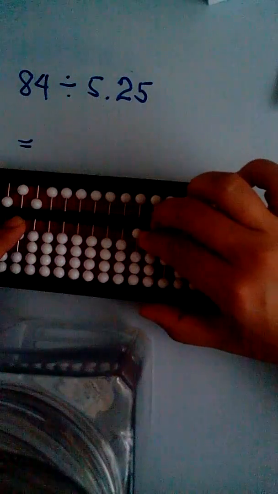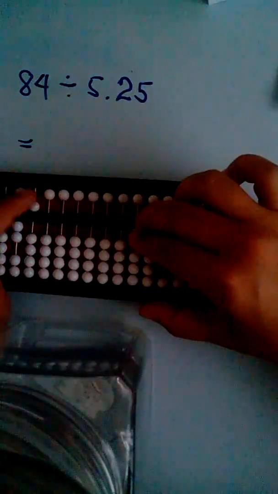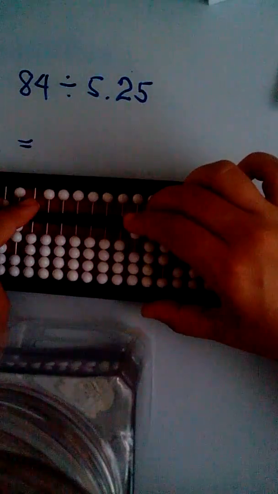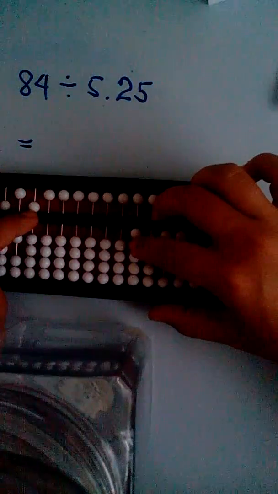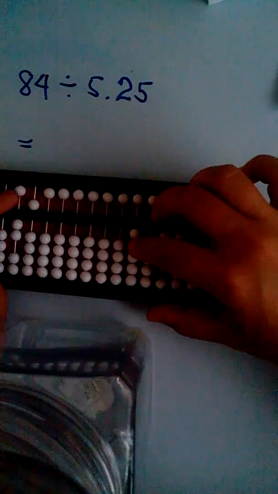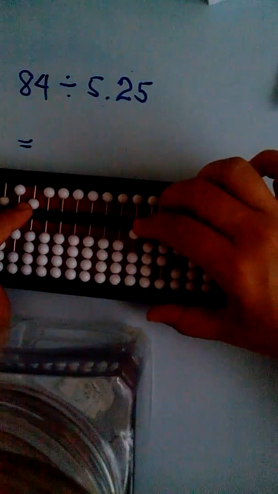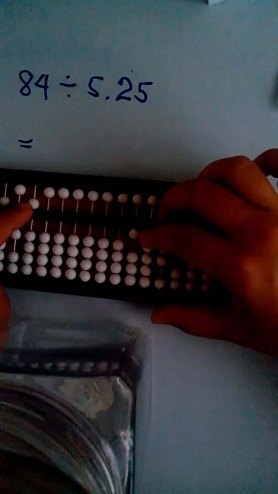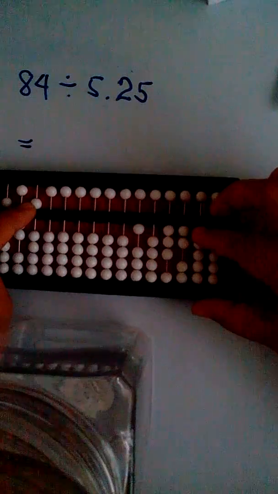And then go back to quotient 1 because we still have divisor 5 from the extreme left. So 1 times 5 equals 0.5. Now for 0.5, we have to skip 3 rods first before clearing. So from quotient 1, skip 2 rods going to the right, 1, 2, before clearing 0.5.